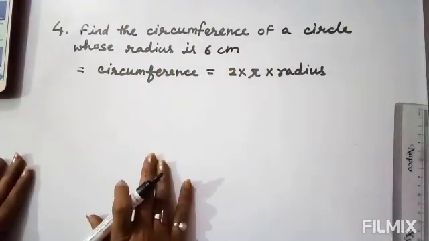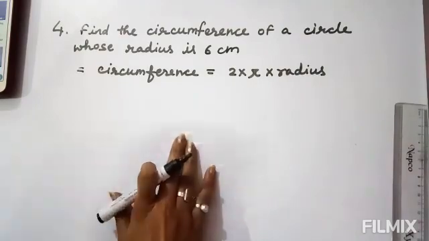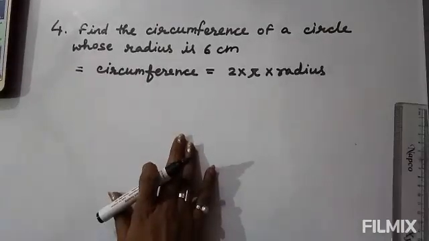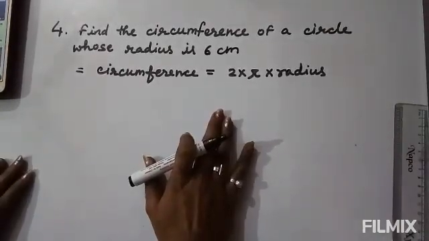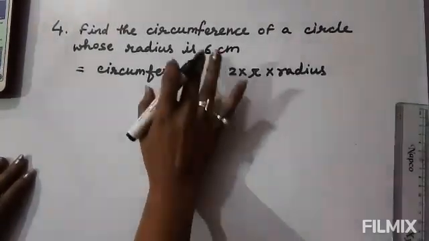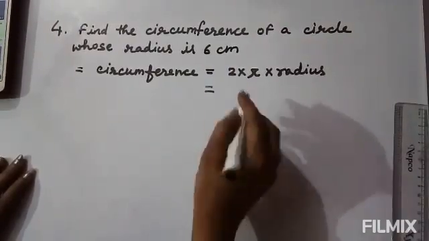Now let's solve another question with the other value of pi. As I told you, pi has two values. One is 22 upon 7 and another is 3.14. So here I will choose another value. The formula will be the same. Now write the value of radius and pi.